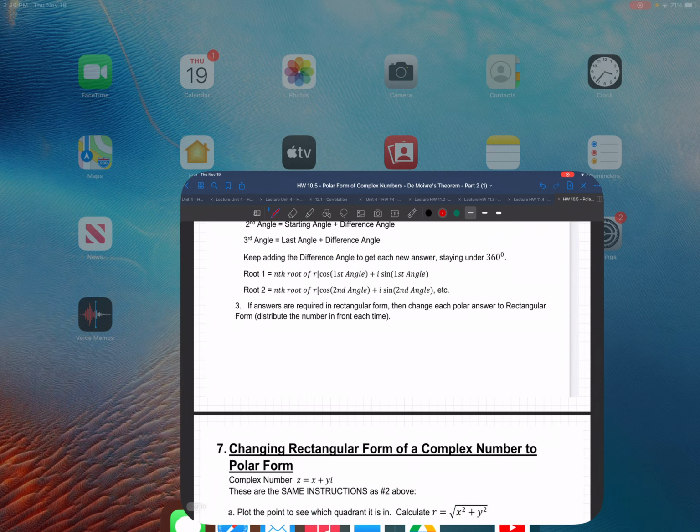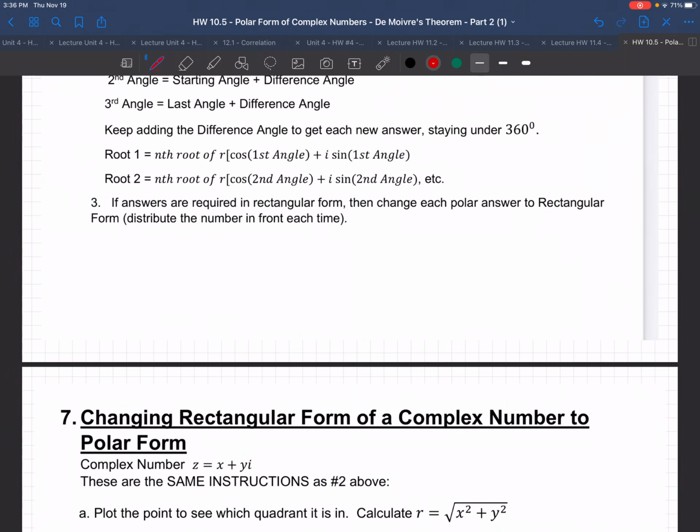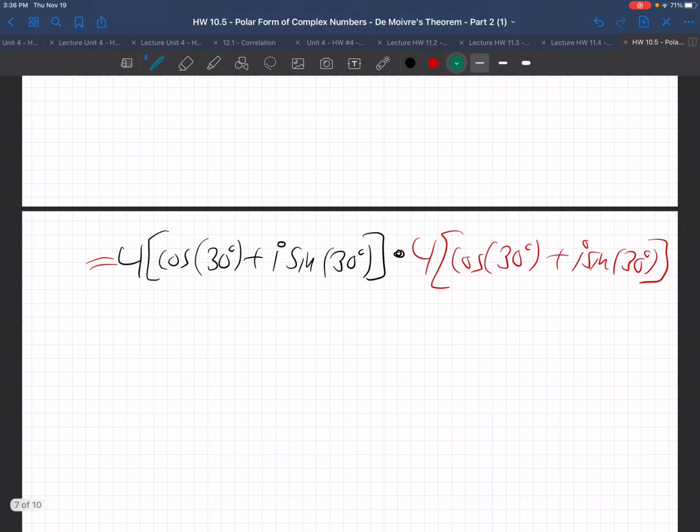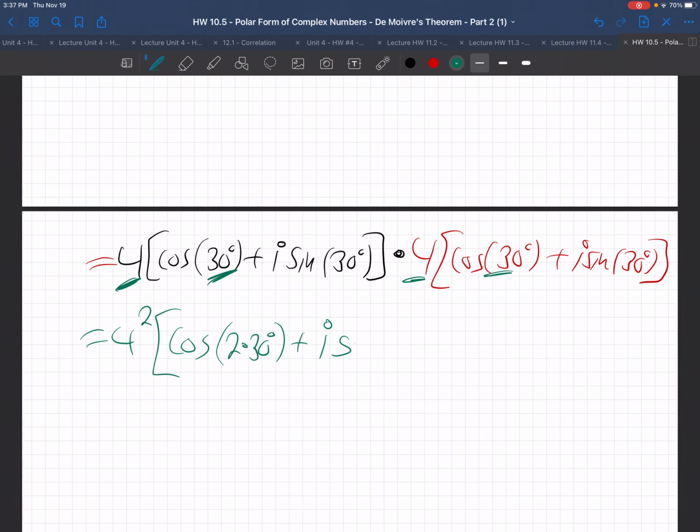So multiply the numbers in the front and add the angles. So let me show you what we're talking about. So you would multiply 4 times 4, in other words, 4 squared. And you would add the angles. So it would be 30 plus 30, in other words, 2 times 30, or 60. Let's just write 60.